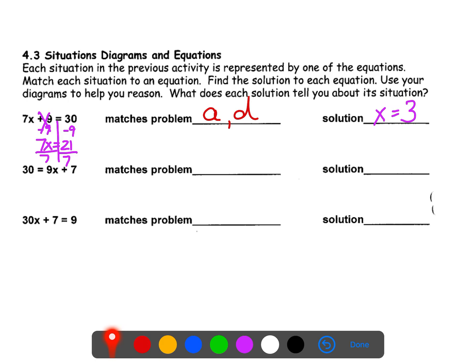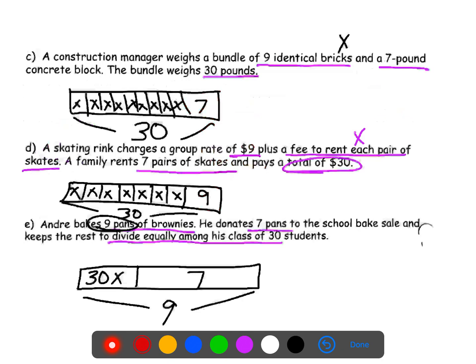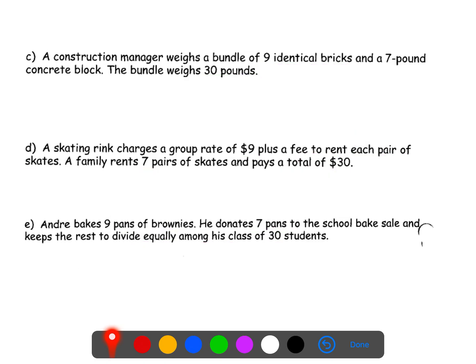Now, hopefully what you found is that B and C had the same diagrams for that. If we had written them where the 7 was before the 9x's, that would be fine because we can interchange that. So if your drawings don't look exactly the same, that's okay.